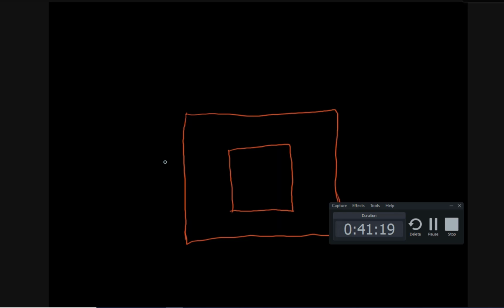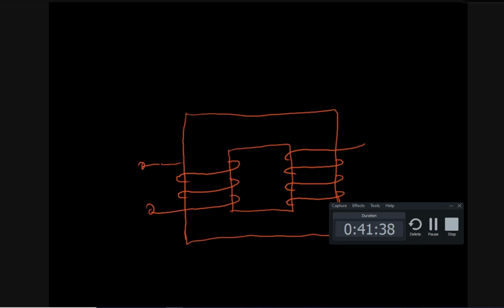I am drawing the two windings on different legs, but they may be concentric to avoid leakage. Leakage means flux must link both windings equally. If it does not link both windings equally, then there is a leakage flux.